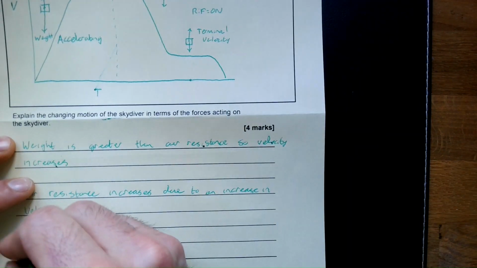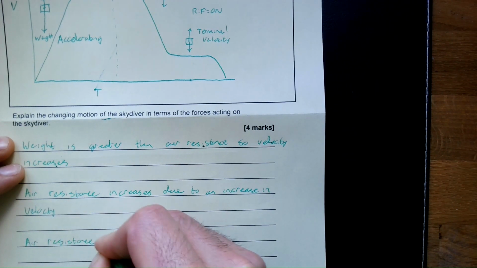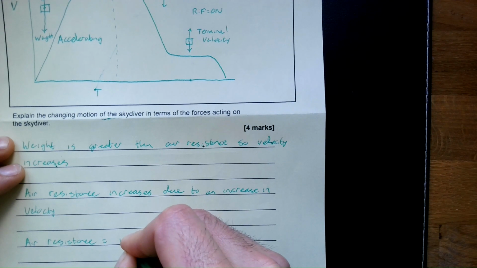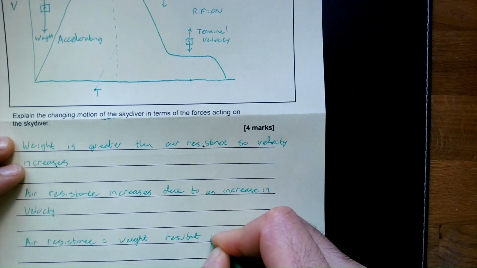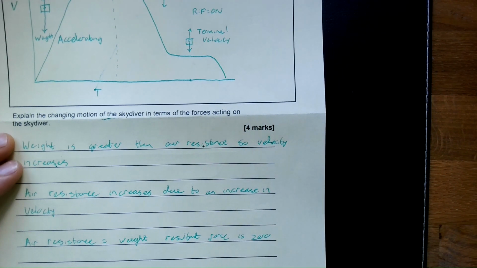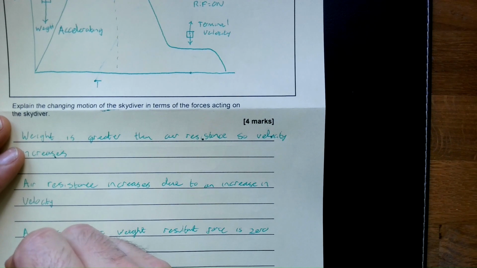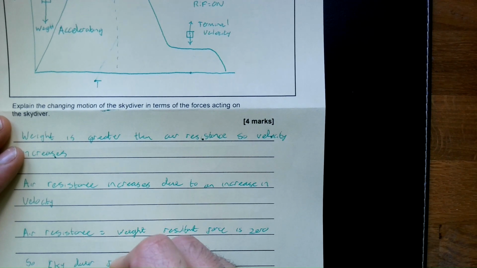So we say air resistance equals weight, so resultant force is 0. So the skydiver falls at a constant speed, and we call that terminal velocity.